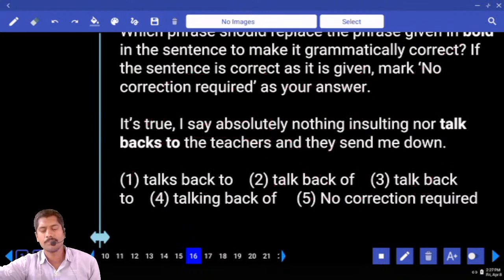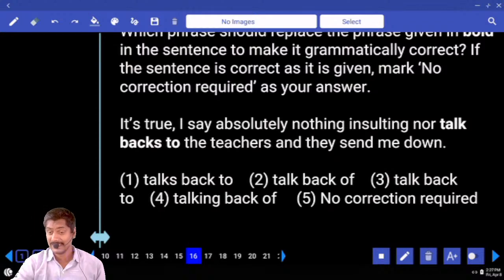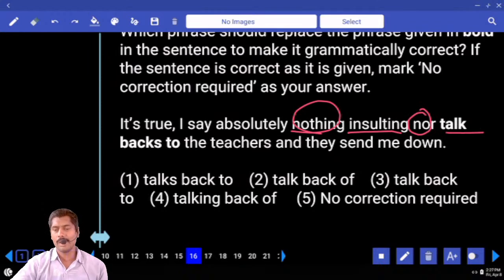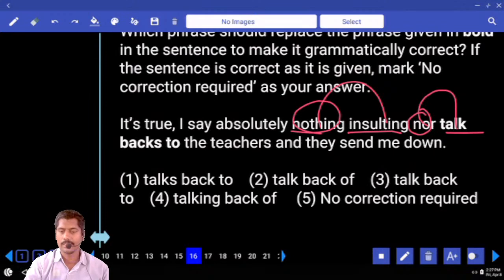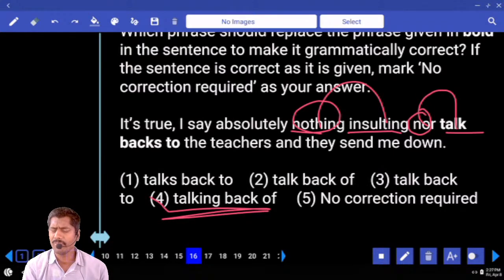It's true, I say absolutely nothing insulting nor similar format. Nothing ing nor talking back. But talking back of teachers, let me check other, because somehow meaning was not suitable. Let me check other options. I say absolutely nothing insulting nor talk back to the teachers.